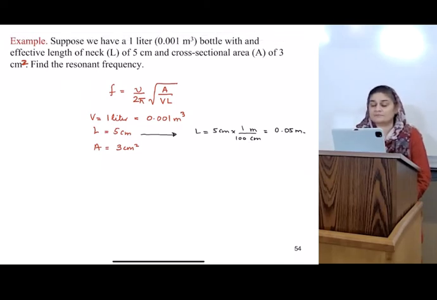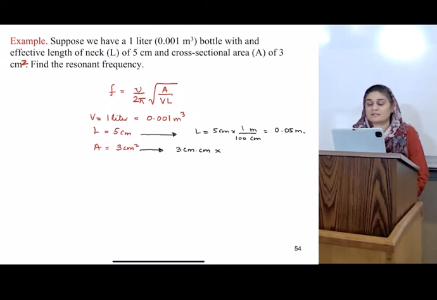And area is centimeters squared. What does that mean? That means it's centimeters times centimeters. So how do we convert that? 1 meter divided by 100 centimeters times 1 meter divided by 100 centimeters. Right?